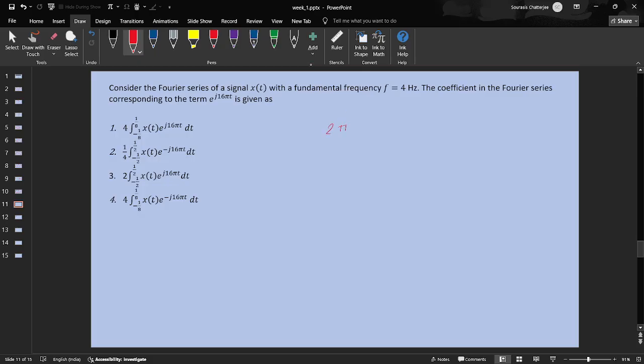If I write in terms of 2 pi k f t, the corresponding Fourier coefficient is c_k. Another way of saying it, c_k is the coefficient corresponding to the kth harmonic. If I am given the frequency f as 4, and I am supposed to find the coefficient corresponding to e to the power j 16 pi t, which harmonic are we talking about?